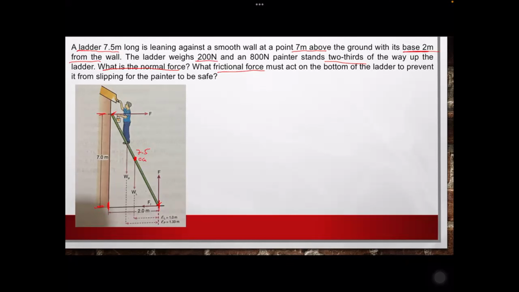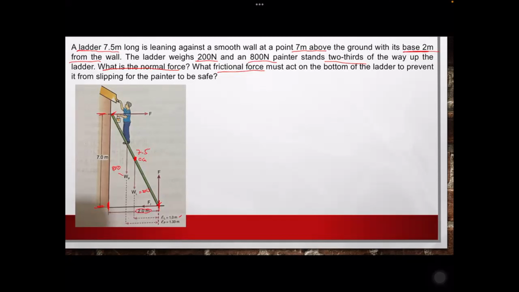Tapos yung painter, this is 800. That is the weight. Tapos, meron tayong lever ng ladder is 1.0 meter. Bakit siya 1.0? Kalahati ng 2. So, saan galing yung 2? Ito yung base natin. Kalahati ng 2, that is 1.